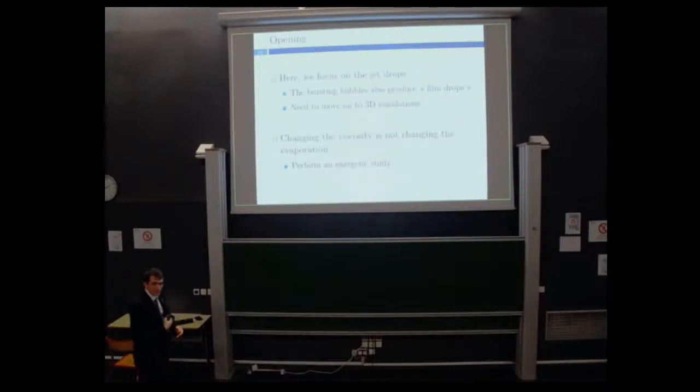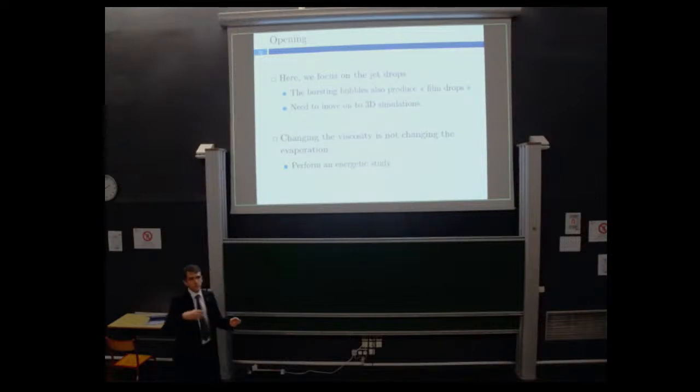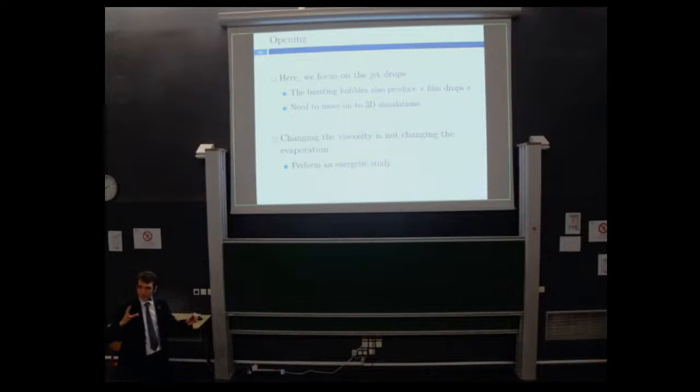Some openings. With this work, we have characterized droplets coming from bursting bubbles, from the jet that forms at the bottom of the bubble cavity. However, remember, I said that we are neglecting the thin liquid film between the bubble and the air. When this film breaks up, it may produce some film drops. We worked here with a 2D axisymmetric simulation, so we need to move on to 3D simulations to characterize those film droplets.